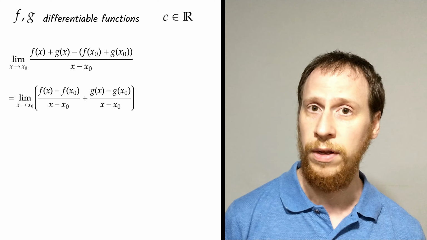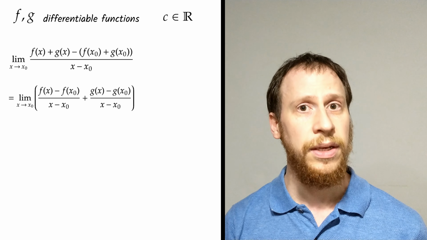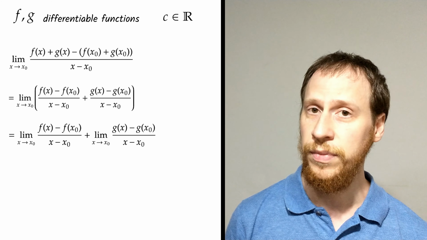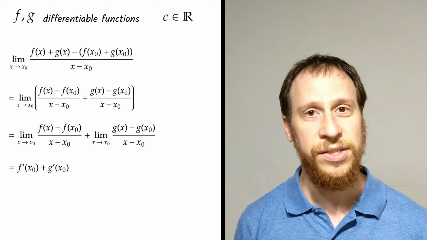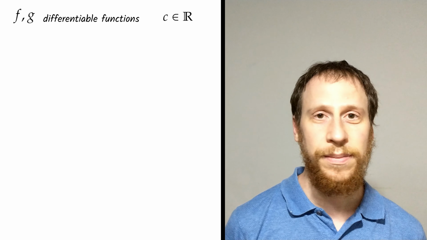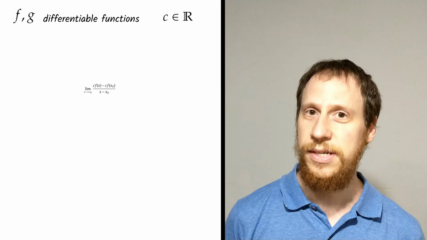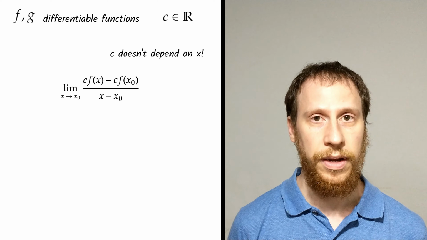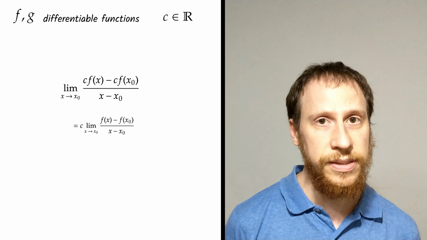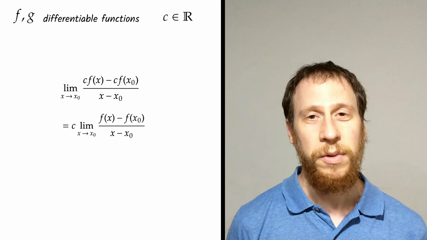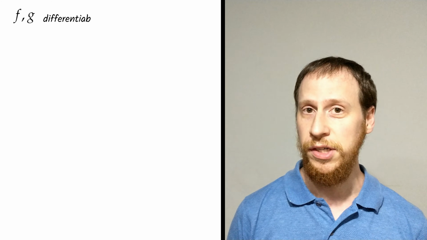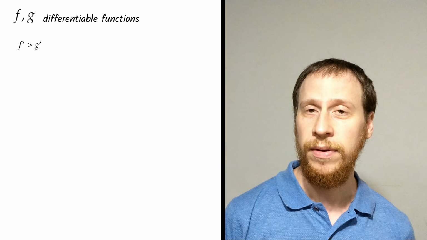So, using properties of limits, we can distribute this into the derivative limit of f plus the derivative limit of g, which is actually f prime plus g prime. Now, something similar happens when writing down the derivative limit of c times f. Since c doesn't depend on x, we can write this as c times the derivative limit of f, which equals c times f prime.